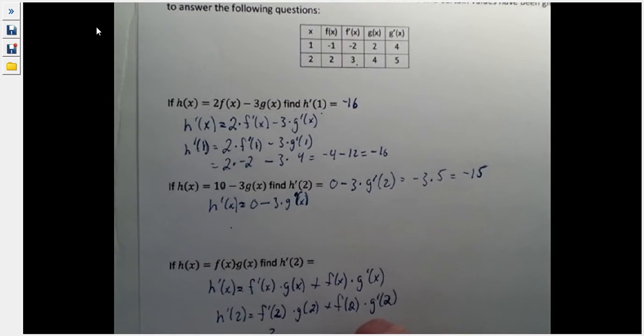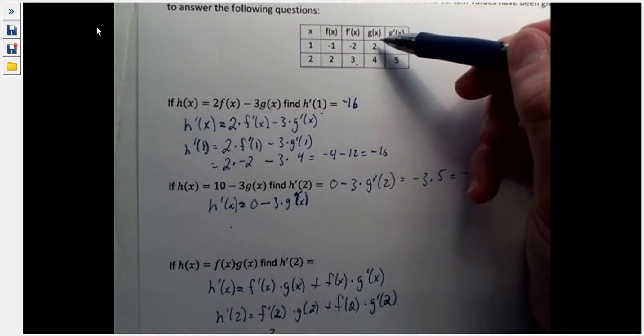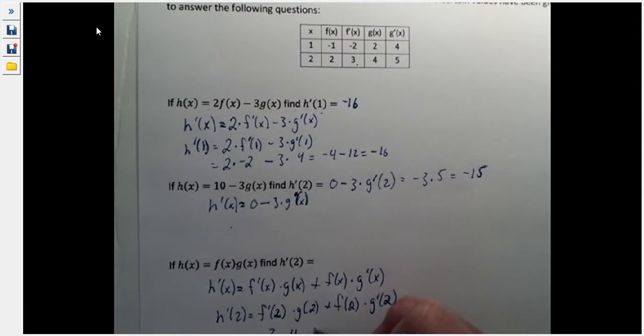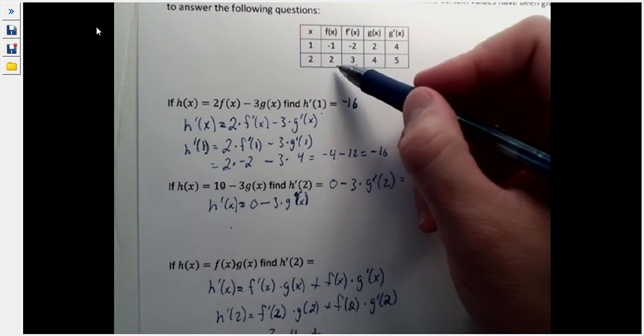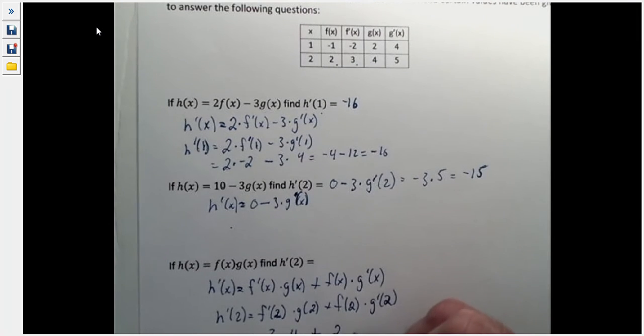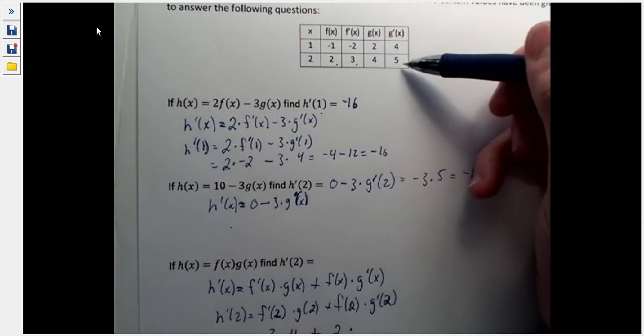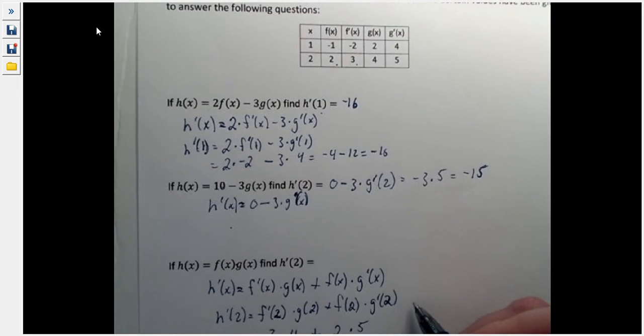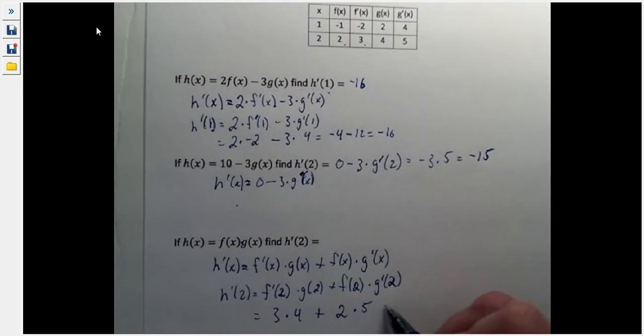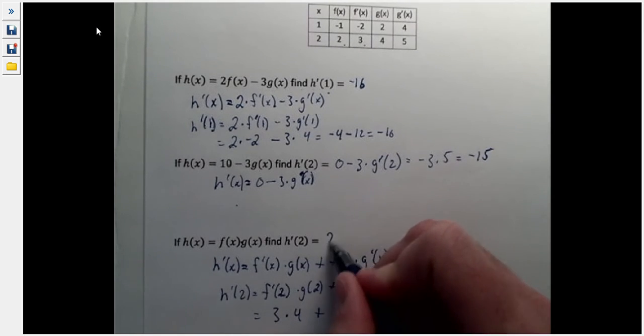So this is 3 times g at 2, which is 4, plus f of 2, which is 2, times g prime at 2, which is 5. So this is 3 times 4, which is 12, plus 2 times 5, which is 10, which is 22.